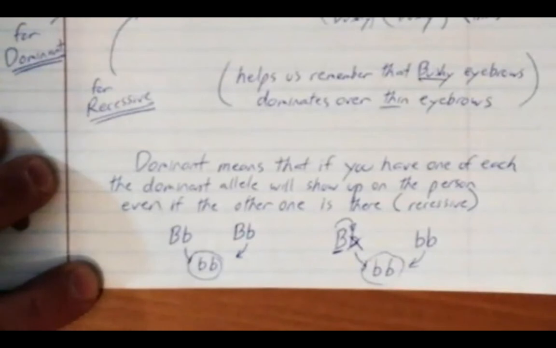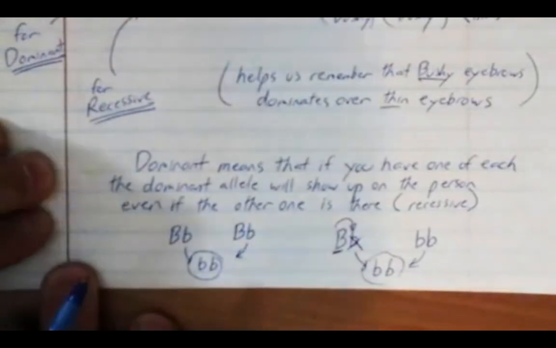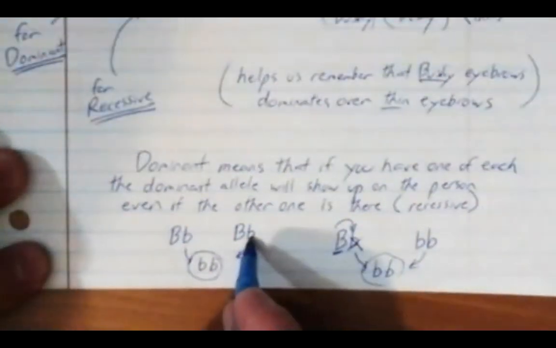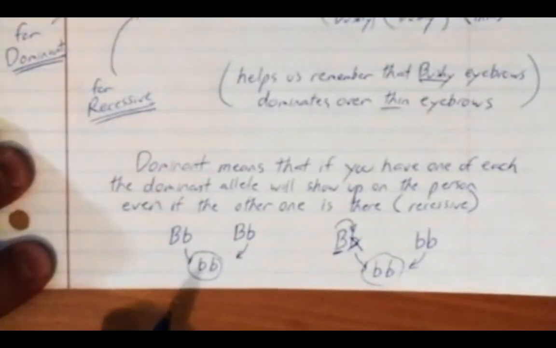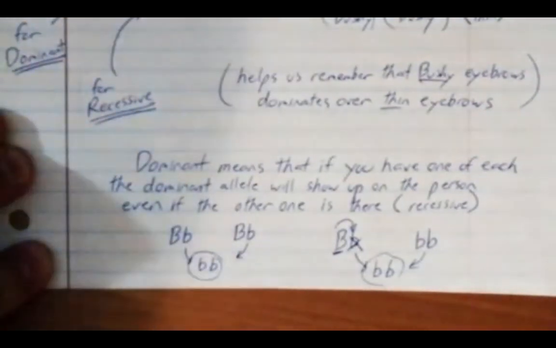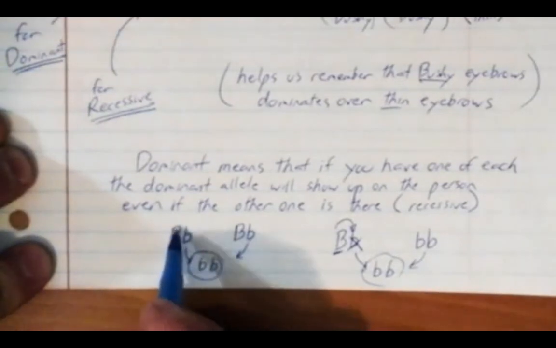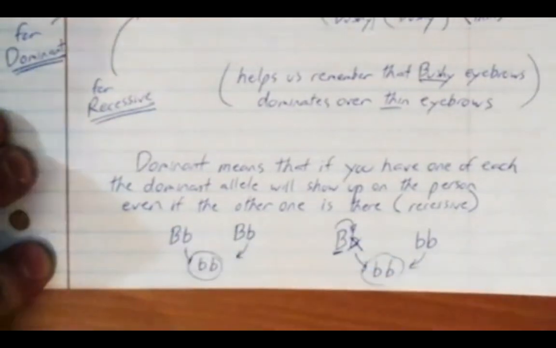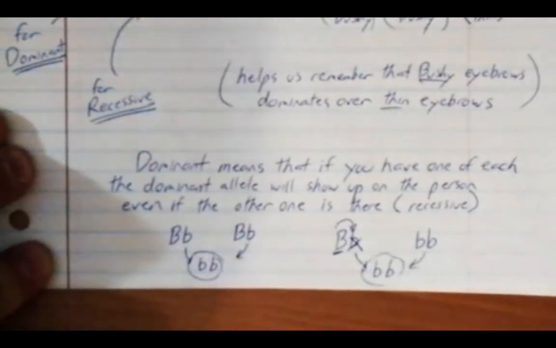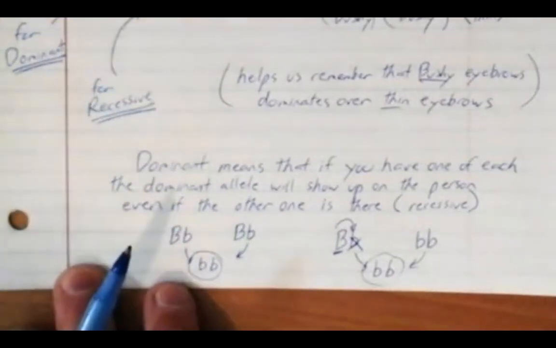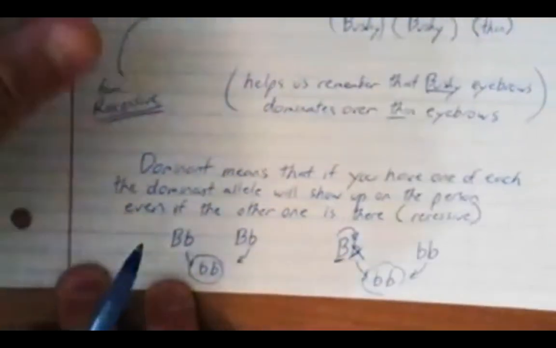And that is how it freaks people out. Like, whoa, where'd that come from? So that must mean that those little b's, that DNA, is traveling through your family. It just happens to be that the big B has been dominating over the little b for some time. So yes, it is possible that could happen. Happens all the time. Okay, so that's dominant and recessive.